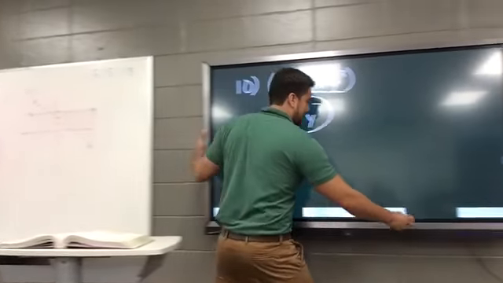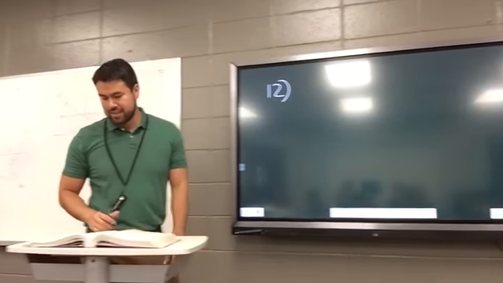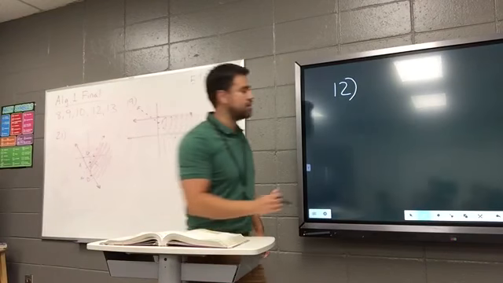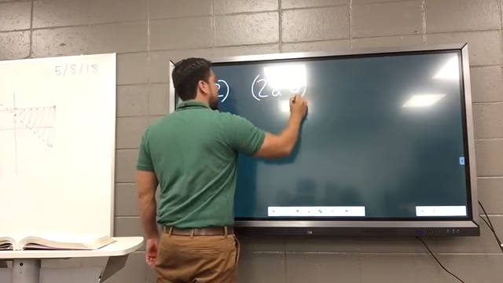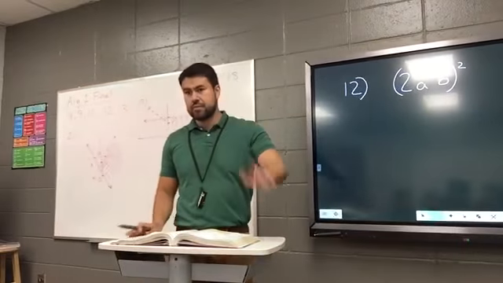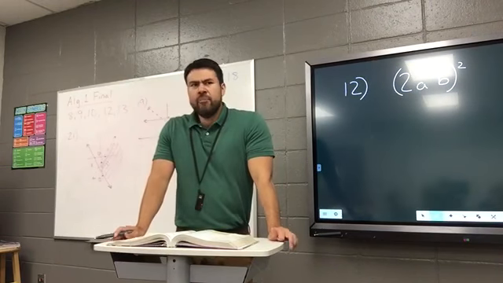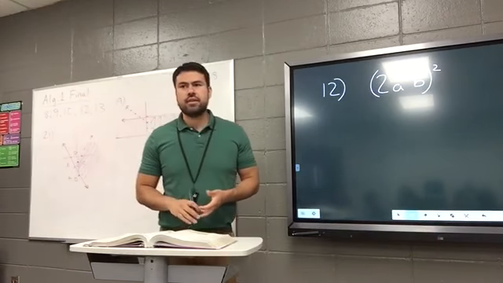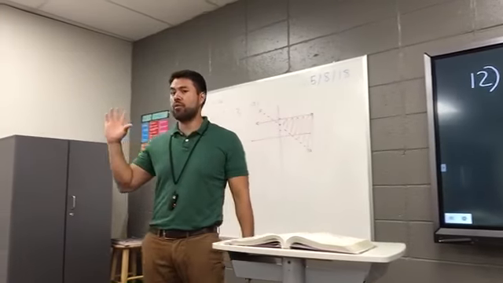Number 12 then. This one's slightly different because you have an exponent outside the parentheses. Okay, and basically what I'm doing here is I want to do my order of operations.